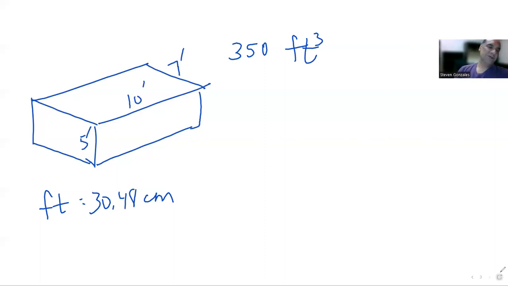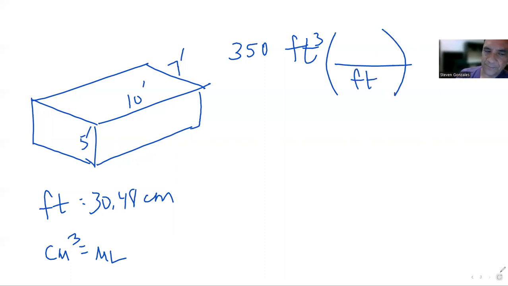By the way, it's also been brought to my attention that a cubic centimeter is the same thing as a milliliter. So if I wanted to figure out how many gallons are in this pool, this is the way to do it. But let's just focus on the problem. What I'm going to have to do is make 1 foot into 30.48 centimeters.